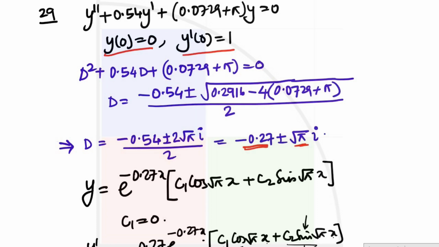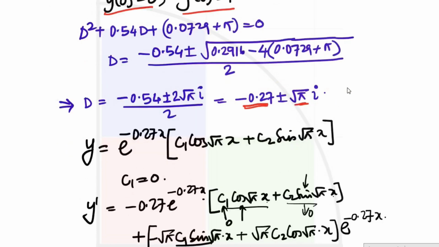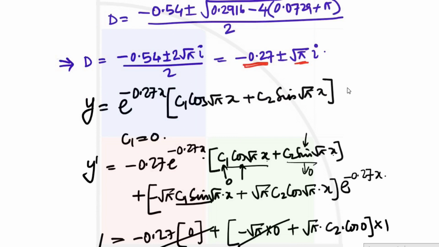So we know as per the rule, if real and imaginary roots are there in a complex form, then our solution will become this: e to the power of the real part of the root, and then in brackets C1 cos plus C2 sin, the trigonometric combination based on the imaginary root, which is just the square root of pi here, okay?